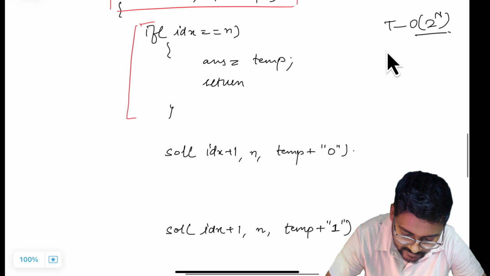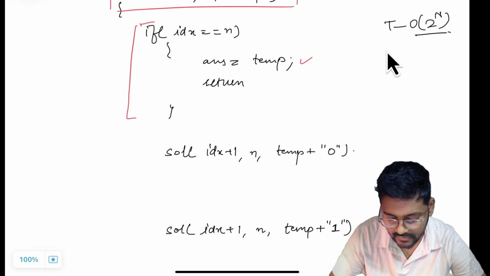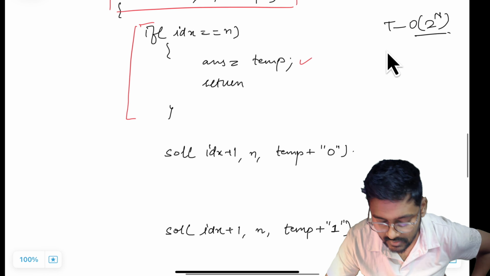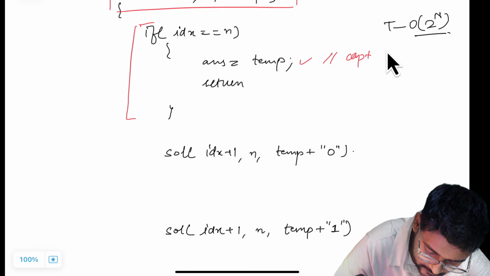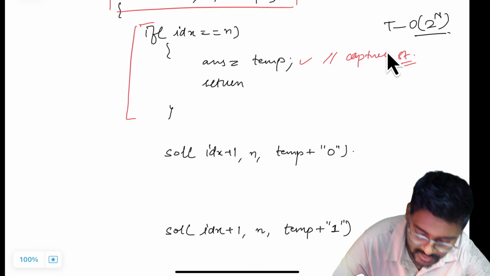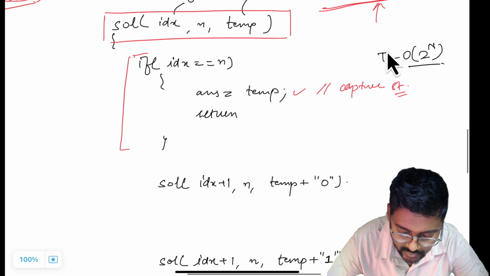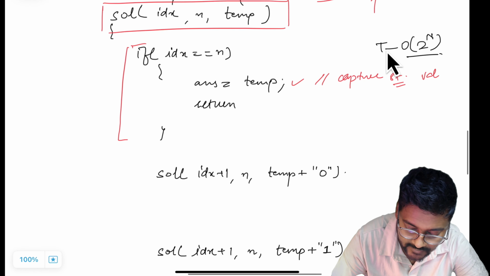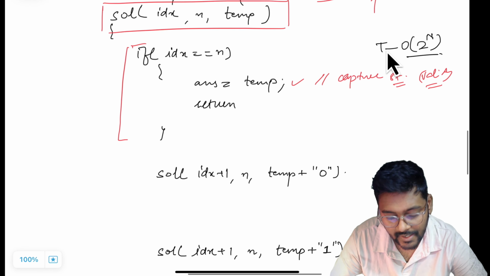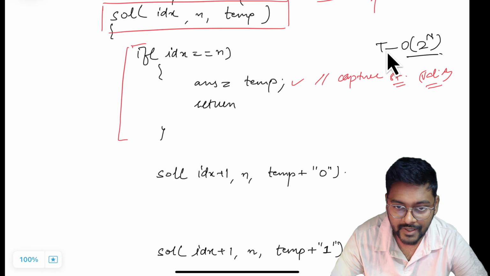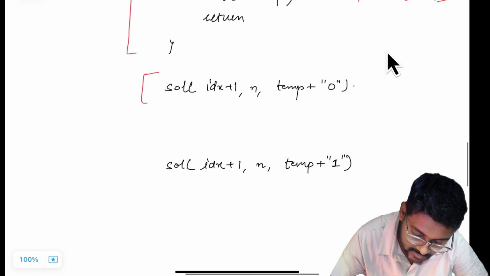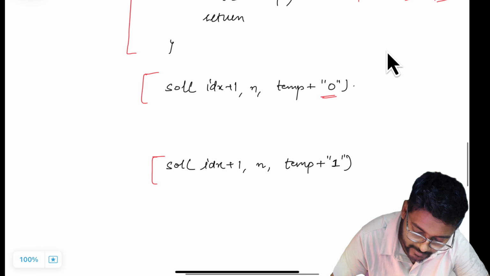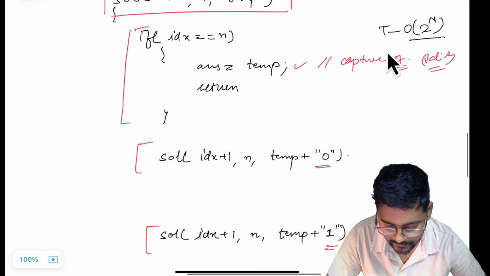If index is equal to n, I have my answer, which means capture the string, or you can say a valid binary string. Then I have to check whether it is valid, or whether it is going to be my answer or not. Otherwise, append 0 or append 1. We have two possibilities, right?